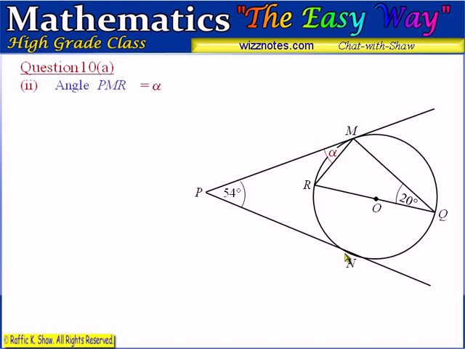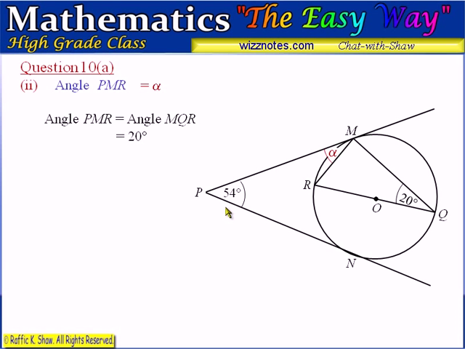If we remove that line again, we can see that relationship more clearly. This angle alpha is between this tangent and this chord, and this chord is subtending an angle at this circumference here of 20 degrees. So angle alpha is equal to this 20 degrees. Angle PMR, which is the angle we want, is equal to angle MQR, which is 20 degrees.